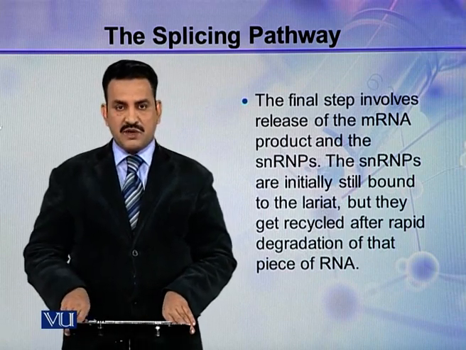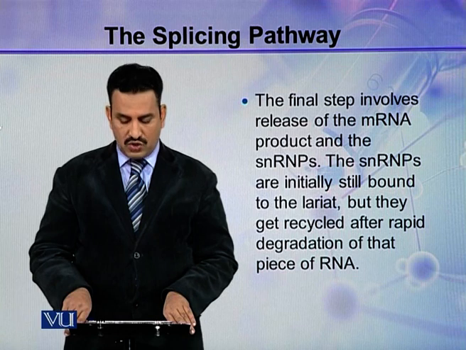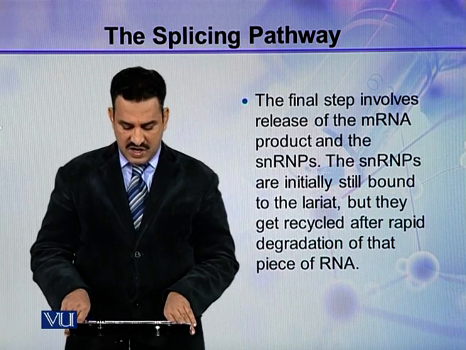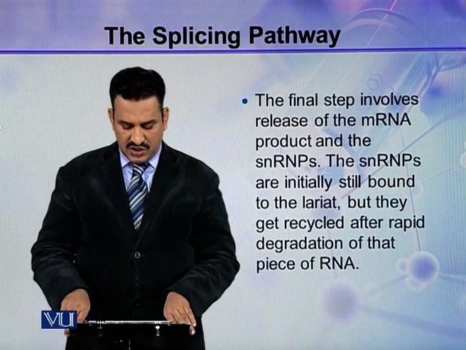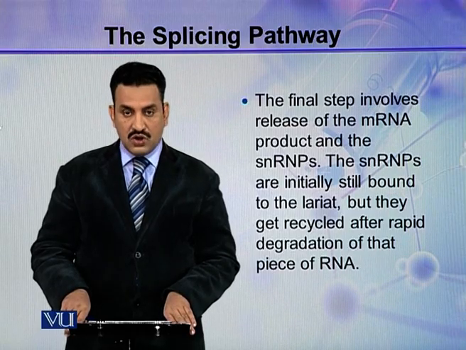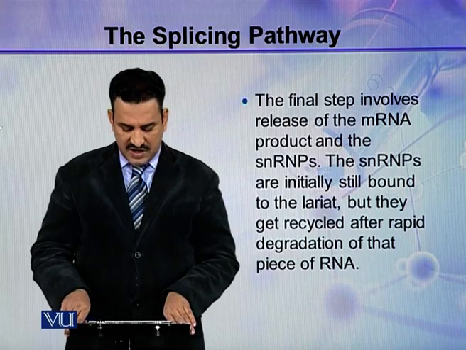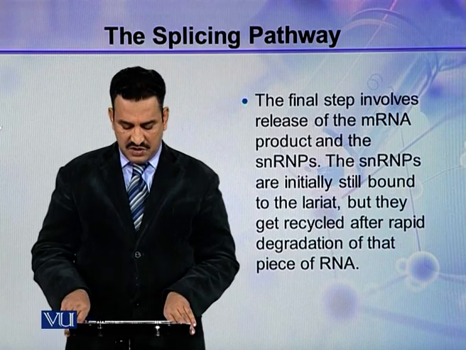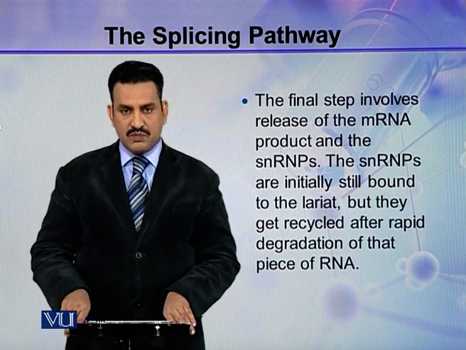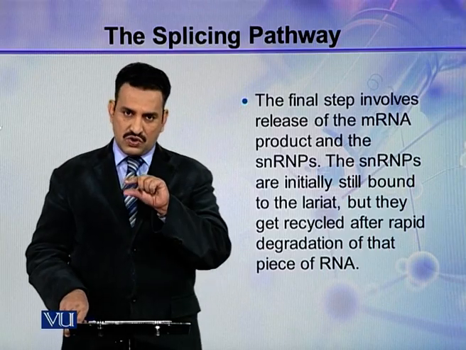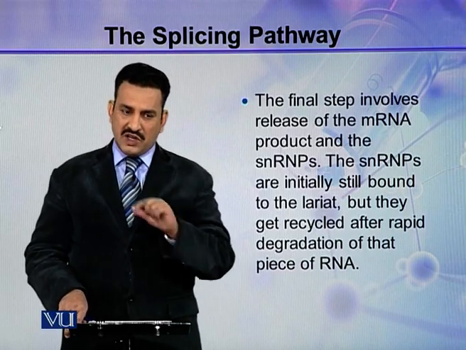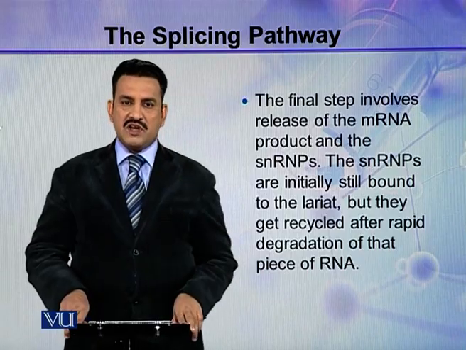The final step involves release of the mRNA product and the SNRPs. The SNRPs are initially still bound to the lariat, but they get recycled after rapid degradation of that piece of RNA.